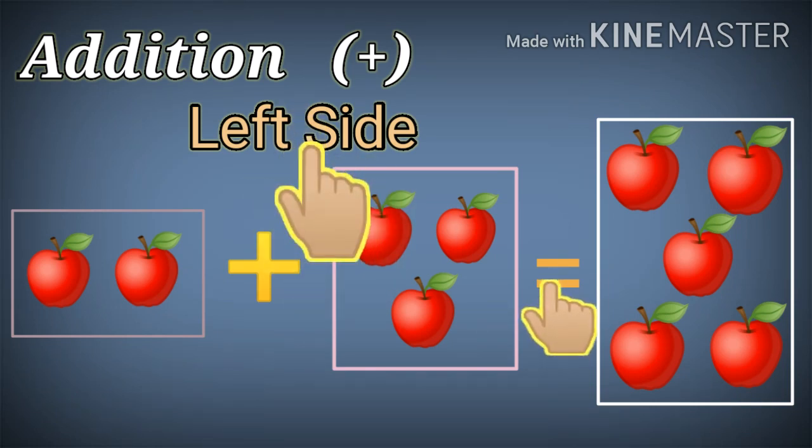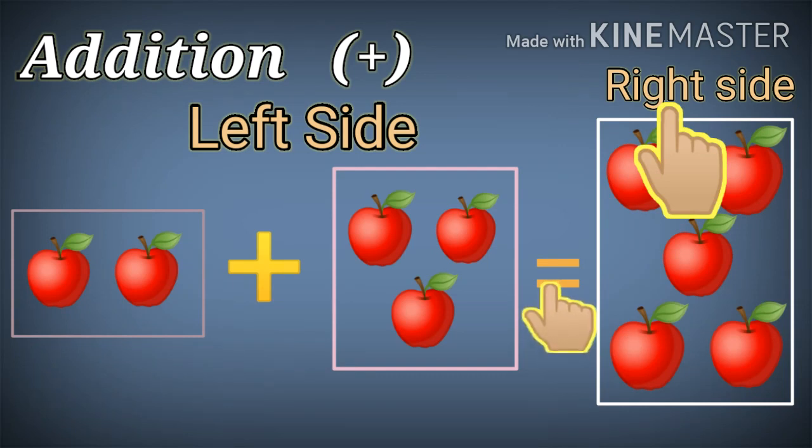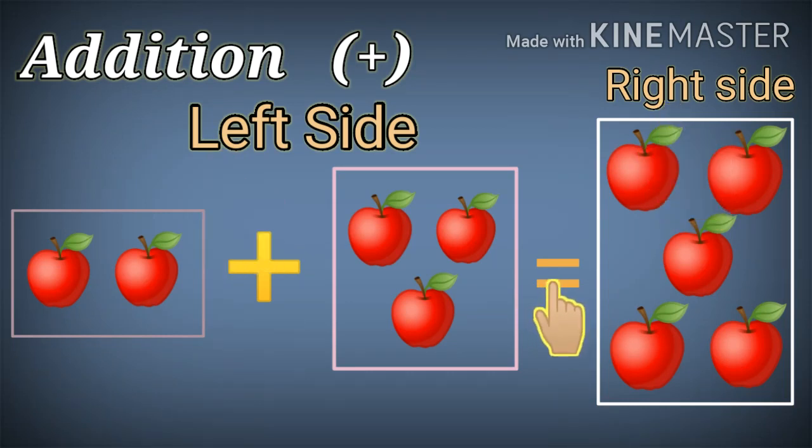This is the left side of equals to. This is the right side of equals to. So, left side objects or things and right side objects or things of equals to must be the same in number or amount.